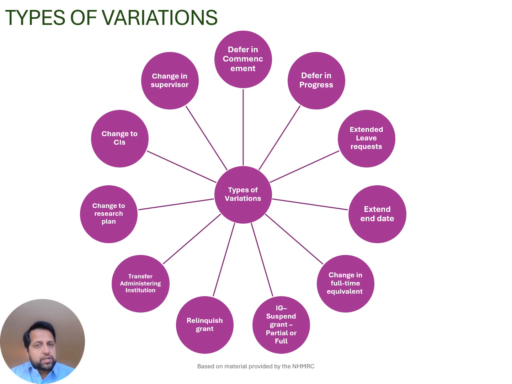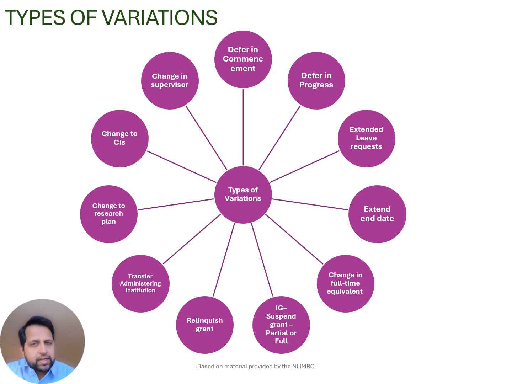However, if it's a partial suspension, only the PSP, the salary component, gets suspended. The RSP continues to be given to the CIA to conduct the project in their absence by someone else. So in that case, the time period doesn't shift, because the activity is expected to continue when the grant is suspended.